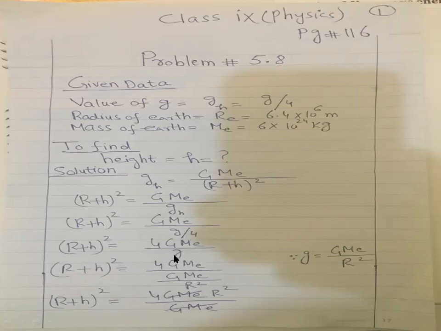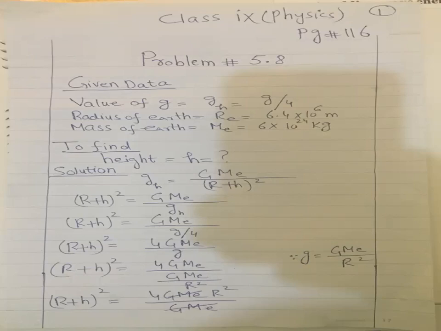So you know the value of g. If you find equation number 5.8 on page number 111, g is equal to gme over r plus h whole square. Or you can see equation 5.6 on page 110. I am putting g is equal to gme over r square from equation 5.6.